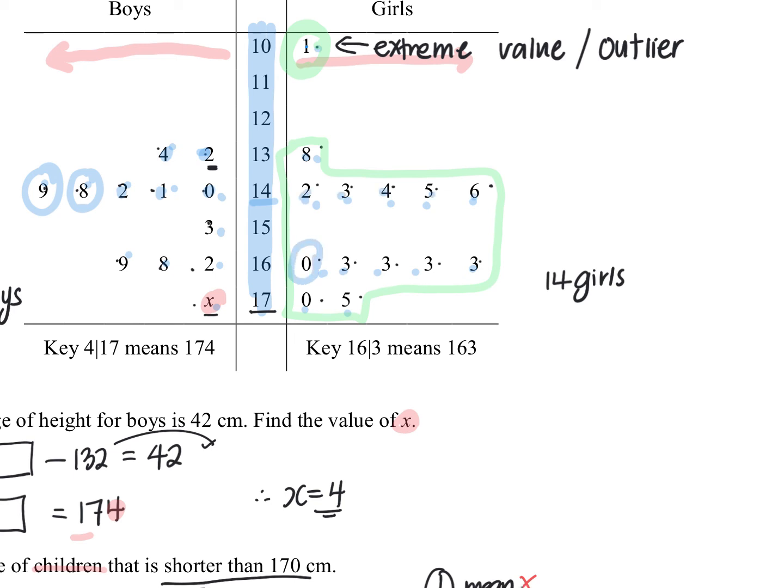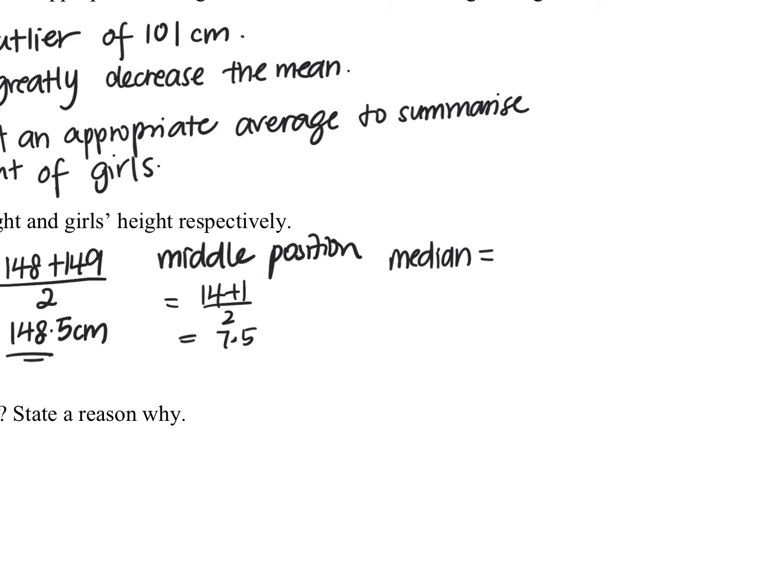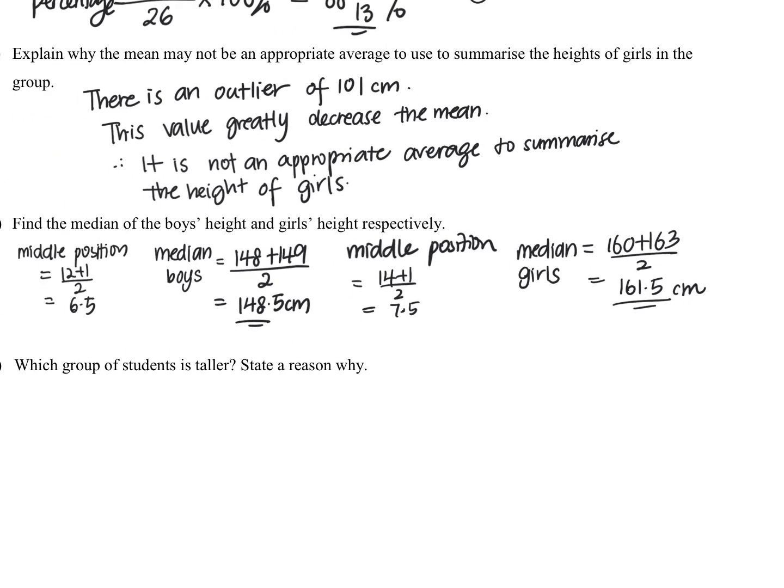And the 8th number. 160 plus 163 divided by 2. And that gives me 161.5 cm. Okay, this is accurate. So this one is the median for the girls. We need to label it properly.